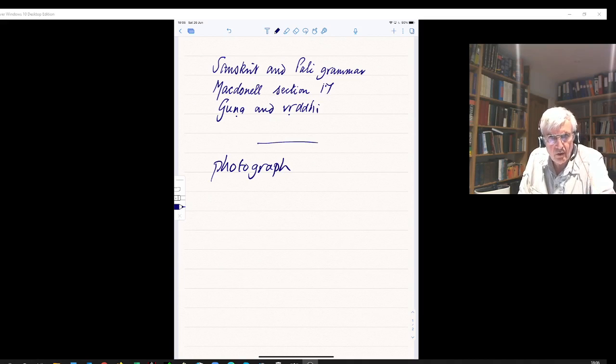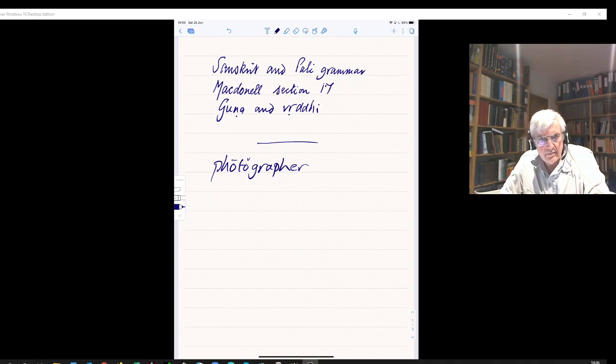And the second O is pronounced short, photograph. Now, what happens if you put an ER on the end?